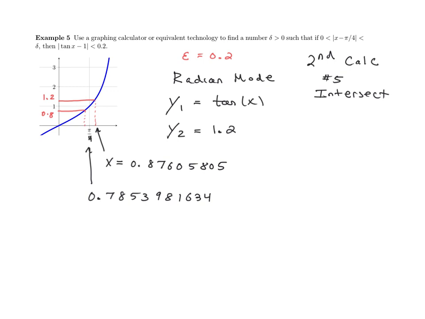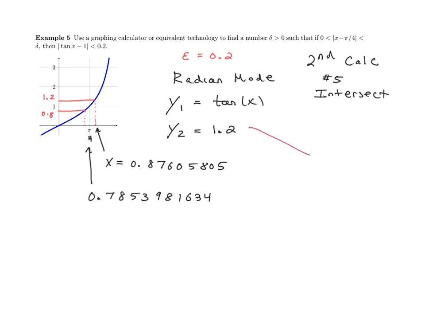All right, I can now figure out this distance here, and that potentially could be the number delta. But I also need to find this distance here, because depending on which one is smaller, that's the one I want to choose. So I now repeat this process.